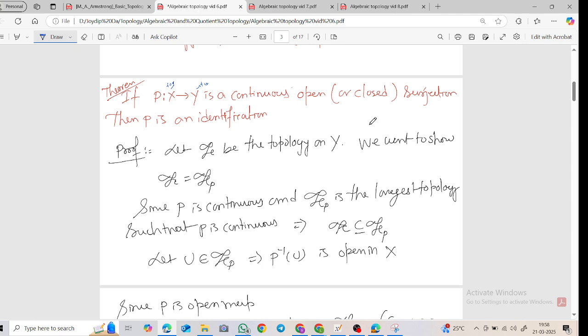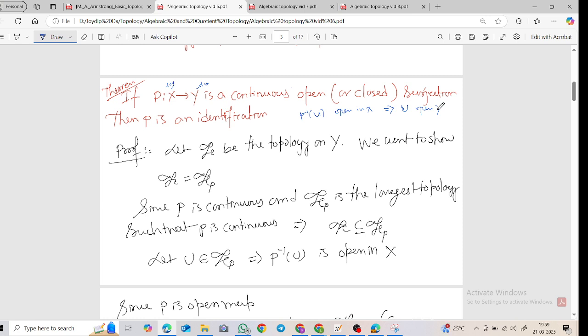By that you mean P inverse U open in X will imply U open in Y. Understood? Because P is continuous, if U is open in Y, then P inverse U is open in X.